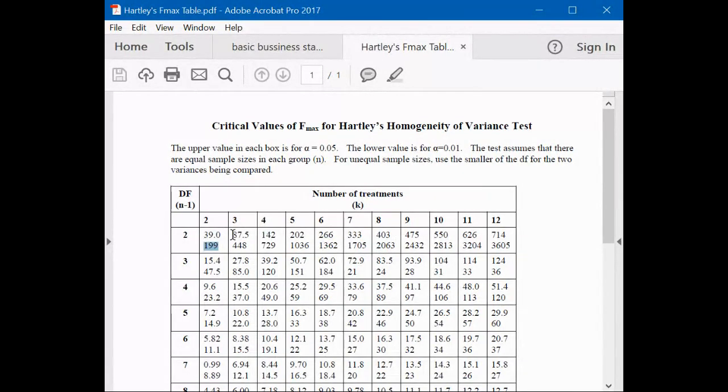It has values for 5%, and it also has values for 1%. So don't confuse these two values. This 199 goes with 1%. This one, the one that I'm highlighting now, goes with 5%. So this table has information for 5% and information for 1%.